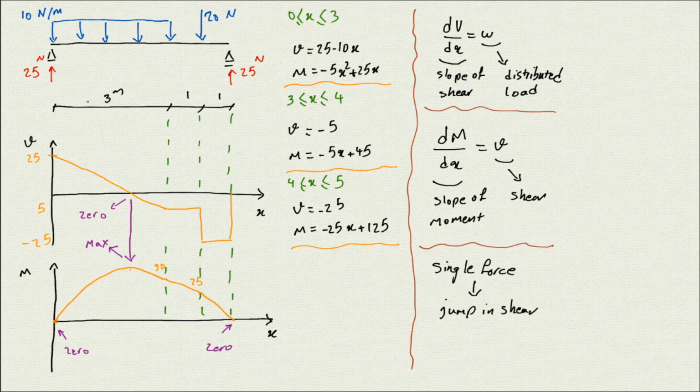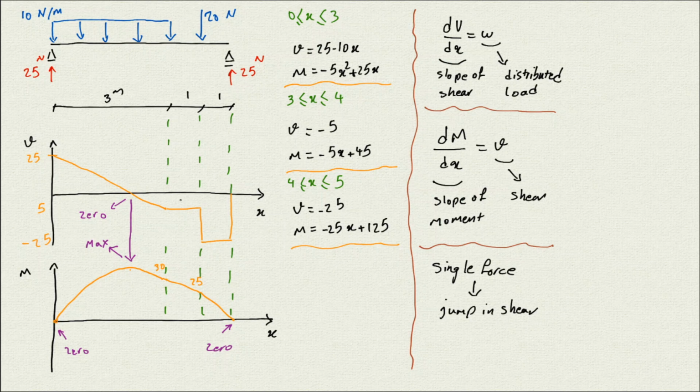If you look at here, this force, basically we have a 25, so it jumps up to 25, and then this distributed load is pushing downward, so it goes down up to here, and then there's no force, so it will stay constant.